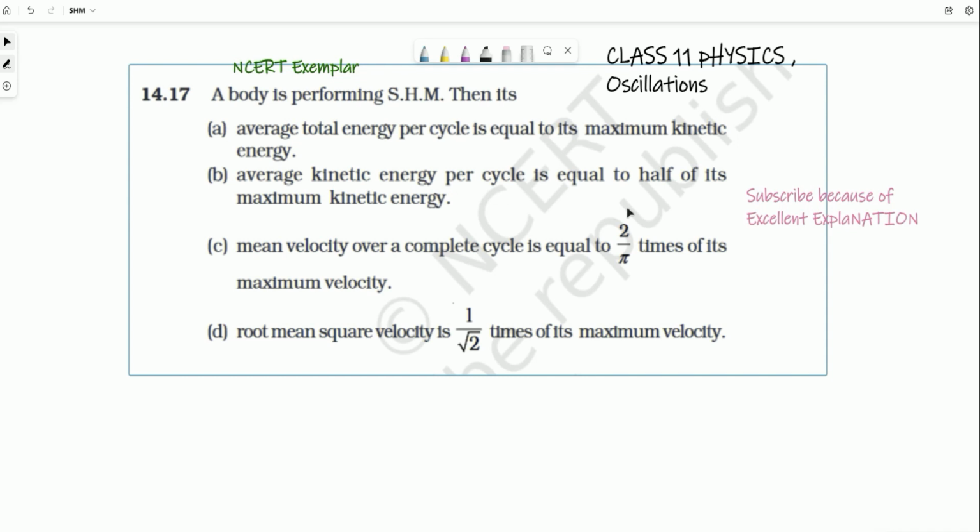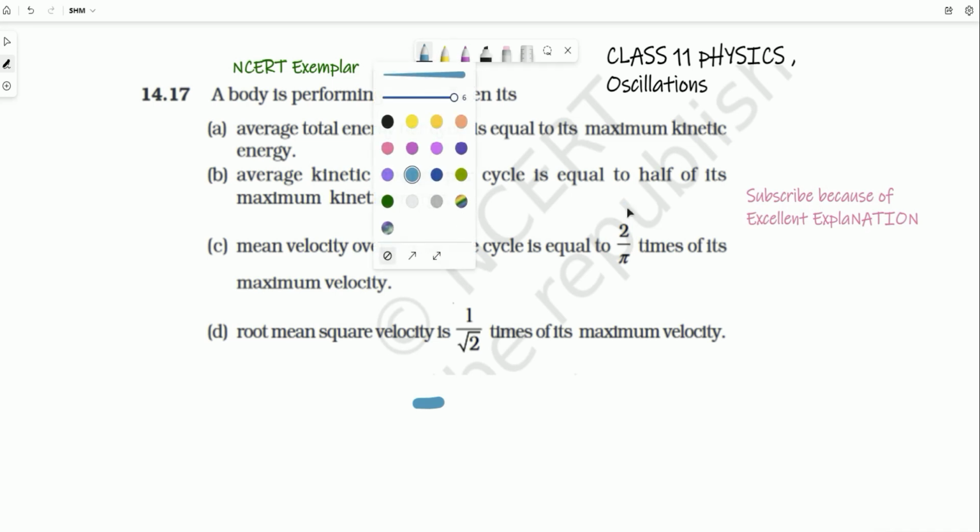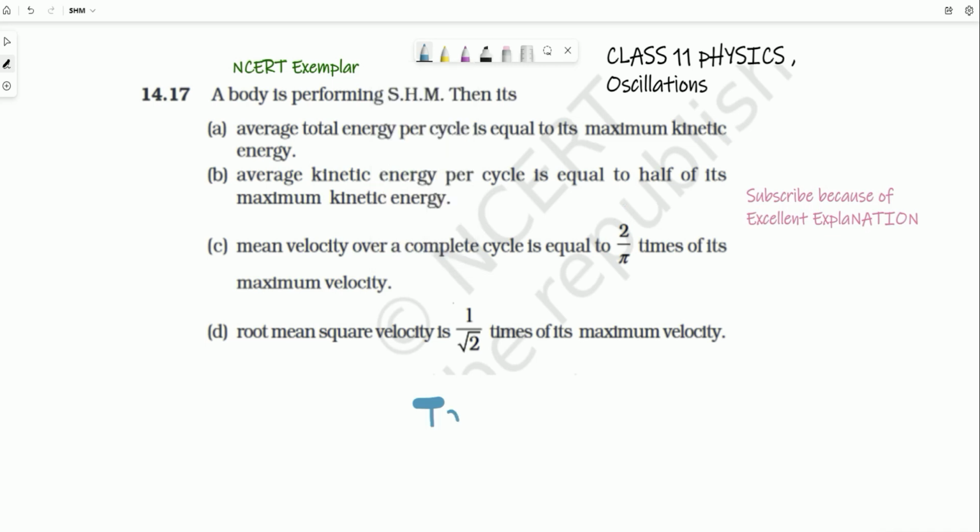The problem statement is, if you're given a sine or a cosine function, for example a trigonometric function. Why do I say trigonometric function?